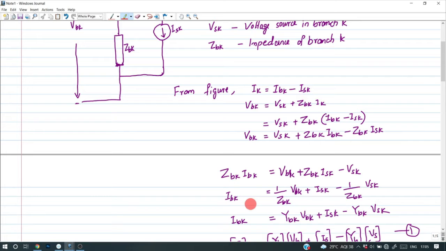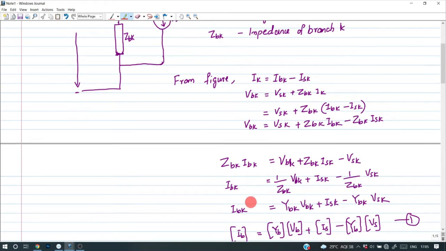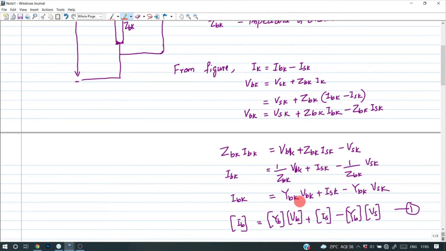If we vary the value of K from 1 to the number of branches in the circuit, IB1 becomes YB1 VB1 plus IS1 minus YB1 VS1. For branch 2, the expression becomes IB2 is equal to YB2 VB2 plus IS2 minus YB2 VS2, and so on.